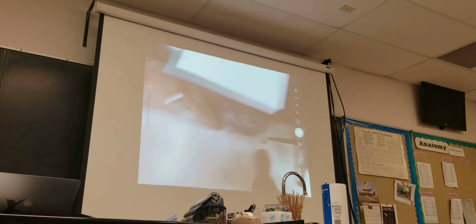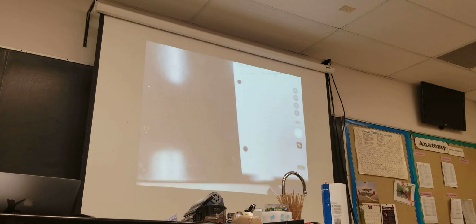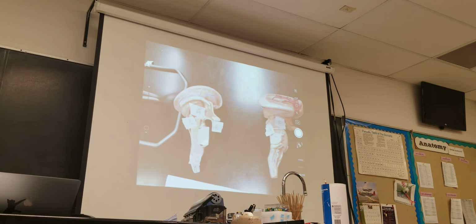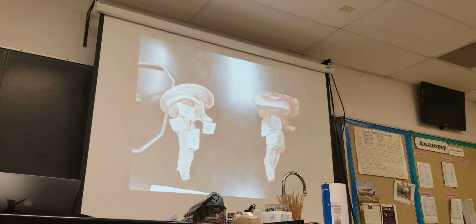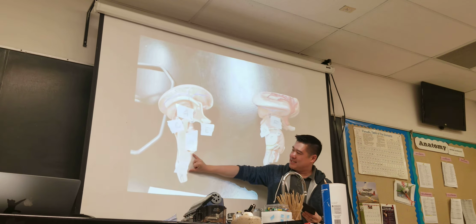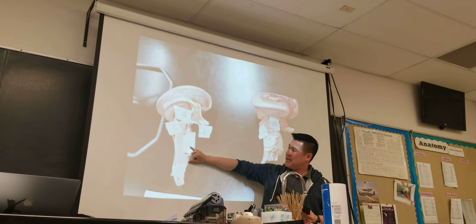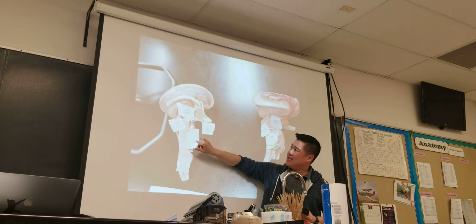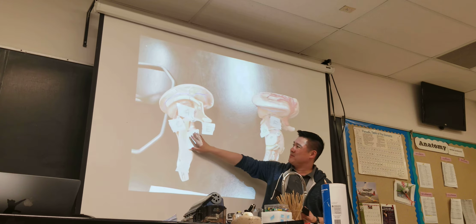Okay. Let's see. Oh my god. So these show some hard work. Okay. What part of the brain is this? Medulla oblongata. And this is, I think, actually the olive of the medulla oblongata.